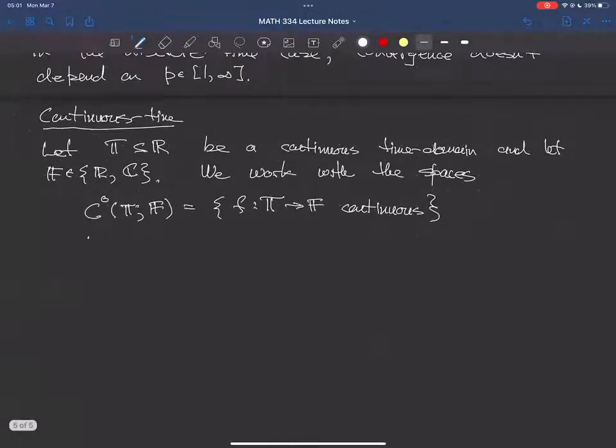And then we work with the space which we call LP loc.